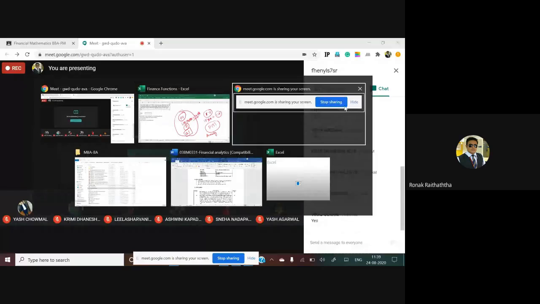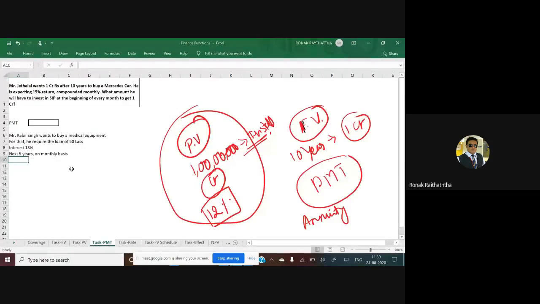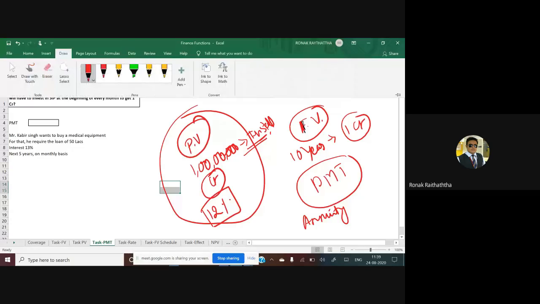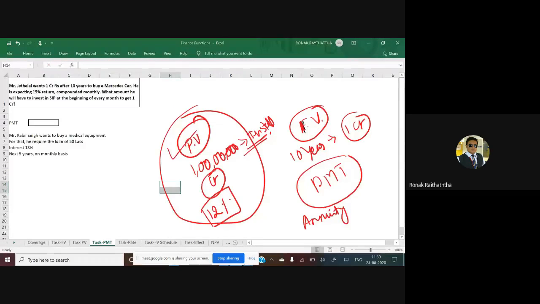I think some of the students might not have got it. My question is very simple. The amount of loan which you have taken right now, whether you have taken it in the present or in the future. Obviously in the present, right? So this is the present value given to you.